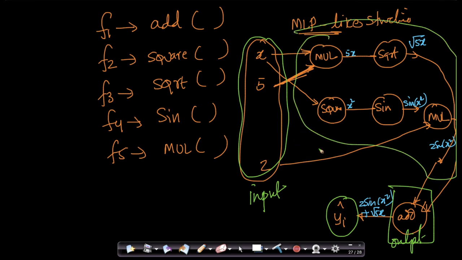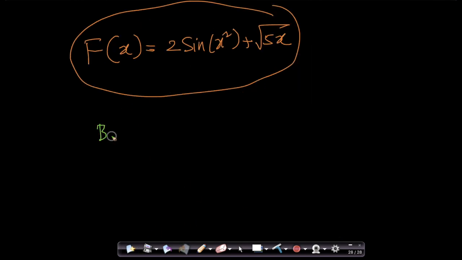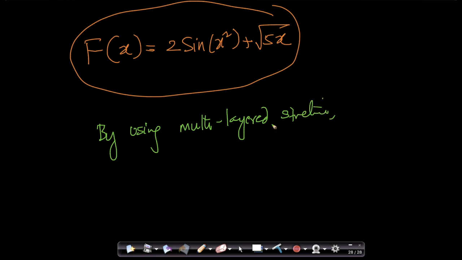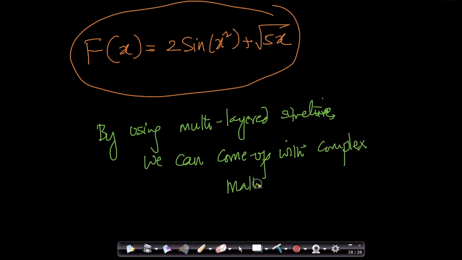By using a multi-layered structure, this is important, we can come up with complex mathematical functions to solve our problem.